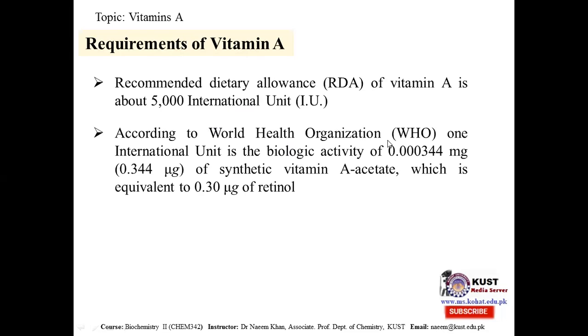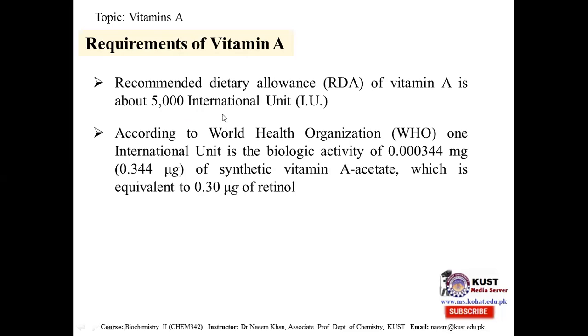According to the World Health Organization, one international unit is the biological activity of 0.000344 milligram, which is equivalent to 0.344 microgram of the synthetic vitamin A acetate, which is equivalent to 0.30 microgram of retinol. How much do we need?